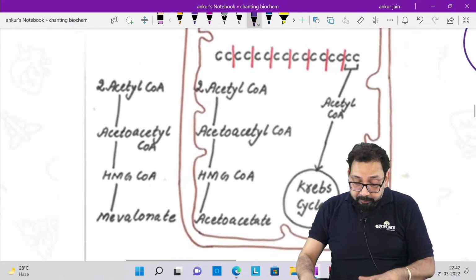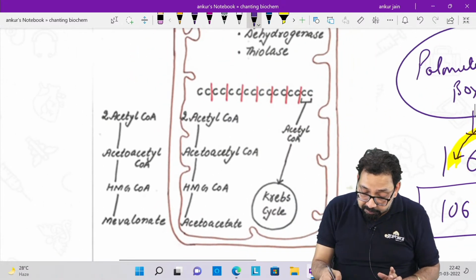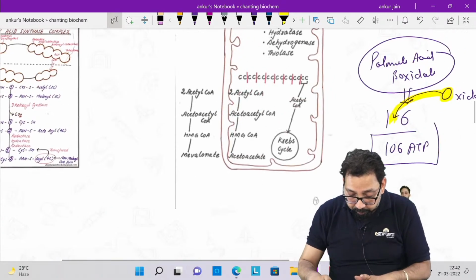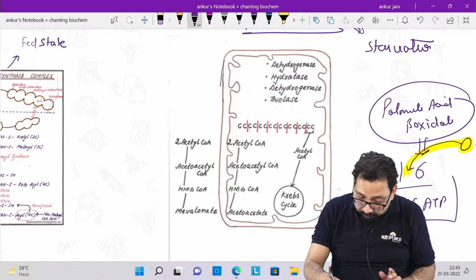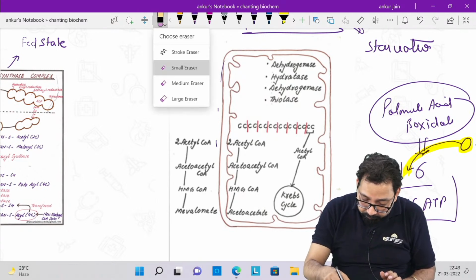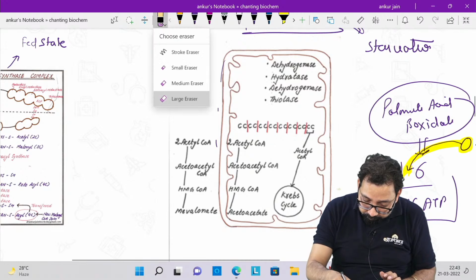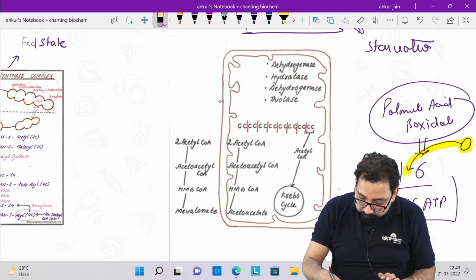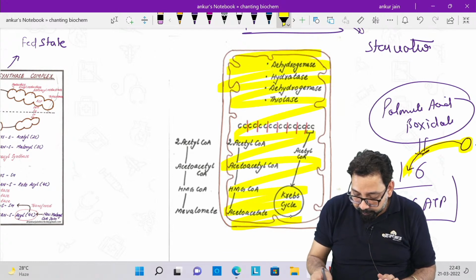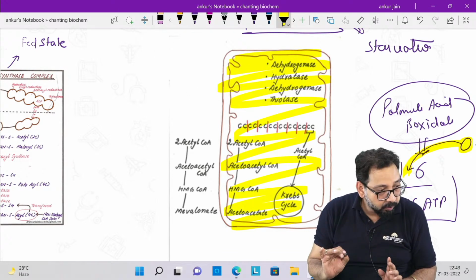You will remember this. This is mitochondria, and this is outside it, cytosol.